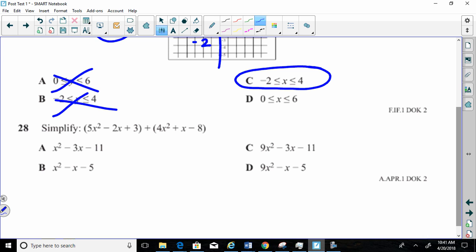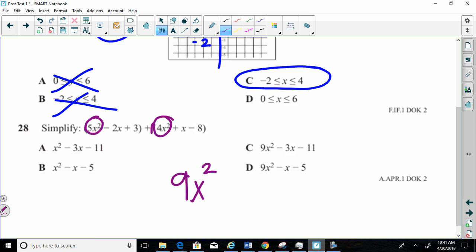This one, adding polynomials, you can either put that invisible 1 there, but it doesn't really matter because anything times 1 is that same number. So we could just drop the parentheses and combine your like terms. So what's 5 plus 4? 9x squared. Notice they wanted to trick you, they're thinking that's a minus sign and they're going to put 1x squared.